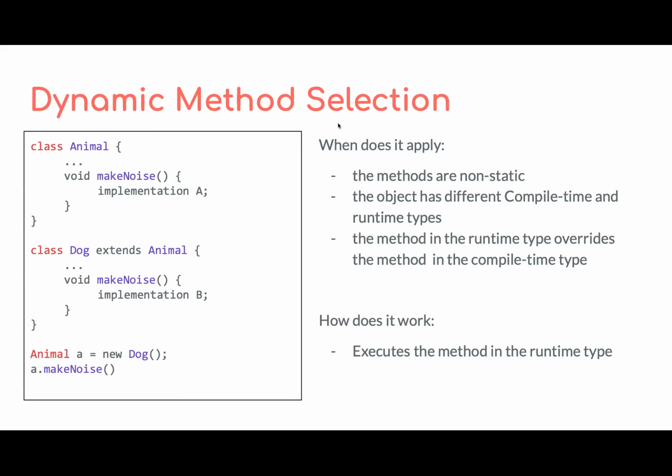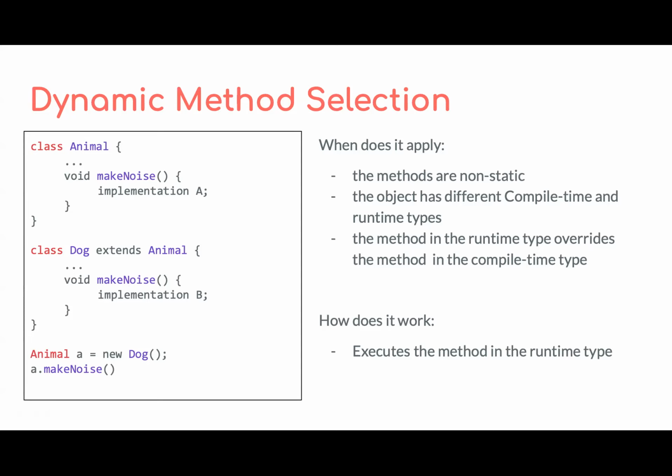If you look at the code to our left, we have an animal class. We also have a dog class that extends animal. And at the bottom, we create animal A, and that is a new dog object. In this situation, the compile time type for A is animal, and the runtime type for A is dog. They obviously have different types.